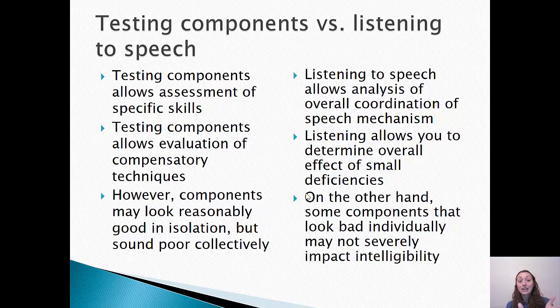So yes, we do isolated tasks to look at the domain areas. Then we have to put it all together in connected speech to figure out what's really going on, because in the real world, we can look at one domain area and it can be super deviant. If you're just looking at resonance, and they have hypernasality and nasal emissions, and you're just looking at that piece. But then when you put all of the systems together, wow, that person has excellent articulation.